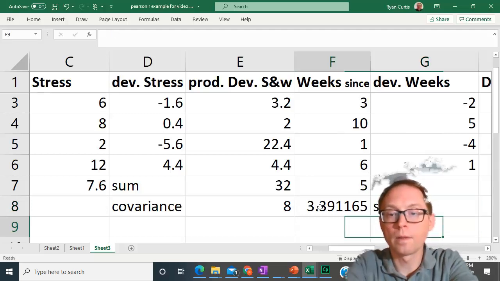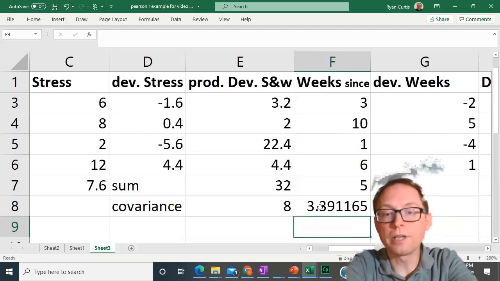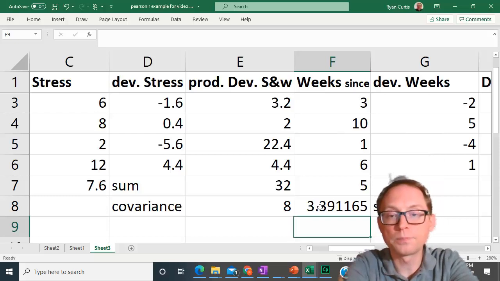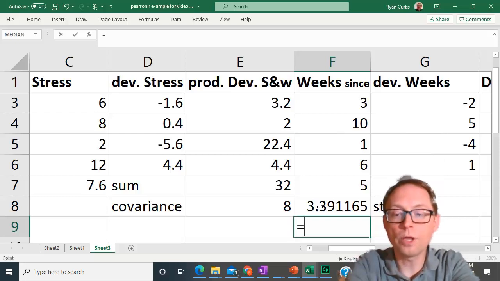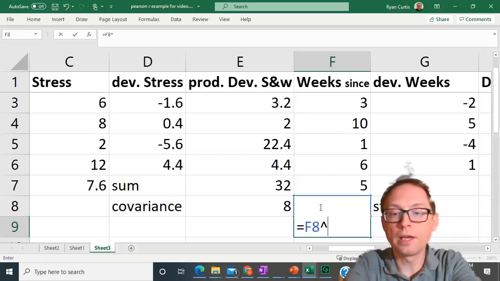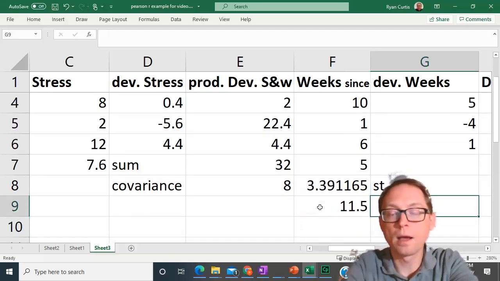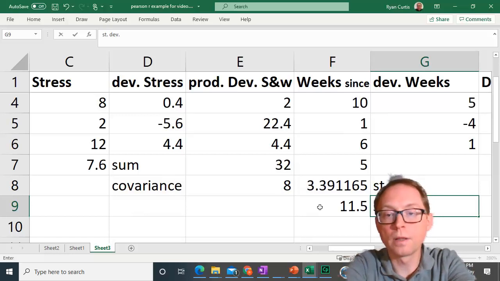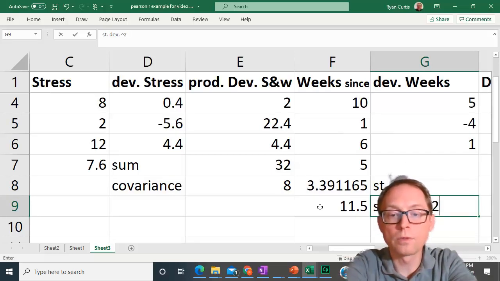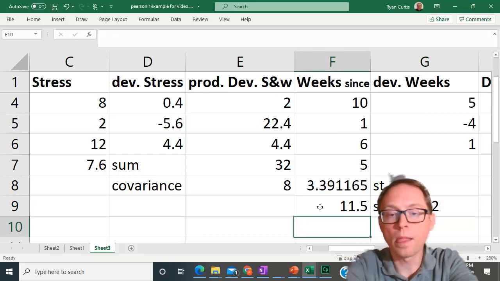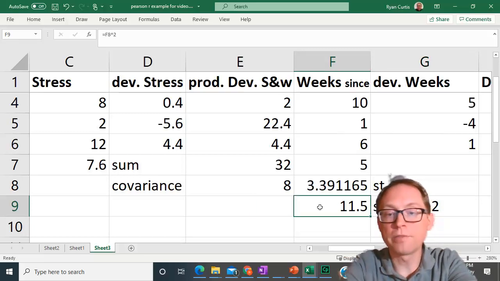Okay? Now, we want the standard deviation squared. So we want this squared, 11.5. So that's the standard deviation squared. 11.5 is the standard deviation squared.